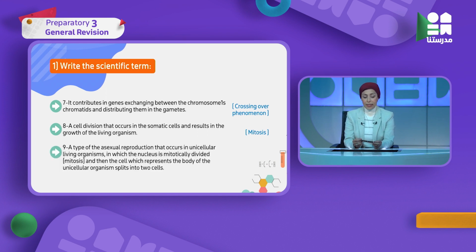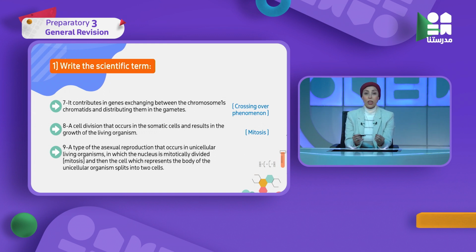A type of asexual reproduction that occurs in unicellular living organisms in which the nucleus mitotically divides. And then the cell, which represents the body of the unicellular organism, starts to split.